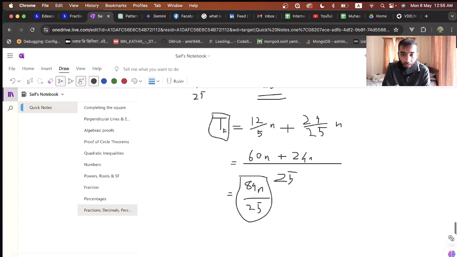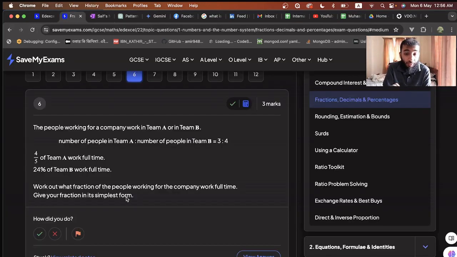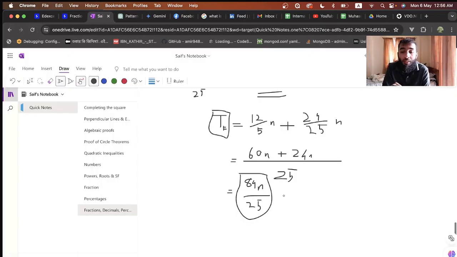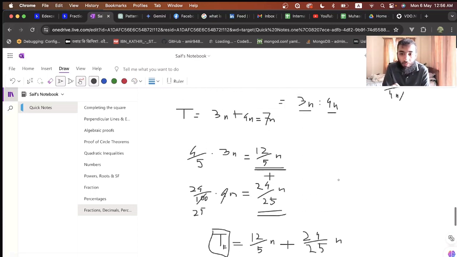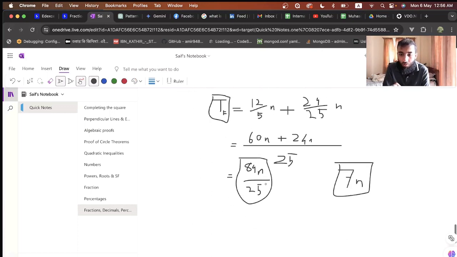And what is the fraction? You have to find the fraction of people working for the company who work full time. So what is the fraction in terms of the total number of people working in the company? The total number of people in the company is 7n, which we figured out here. So what is 84n by 25 in terms of fraction or percentage of 7n?